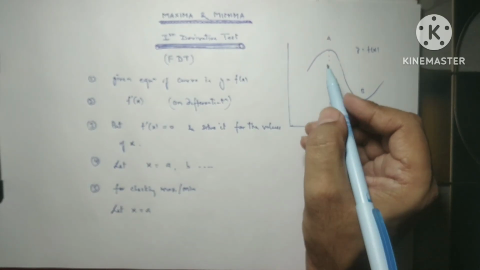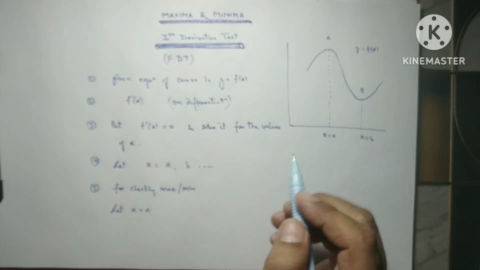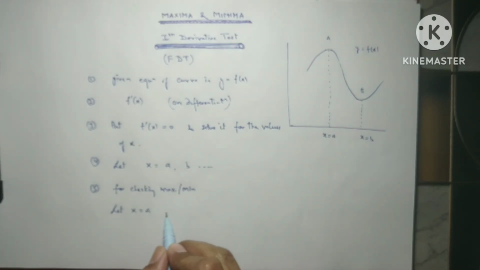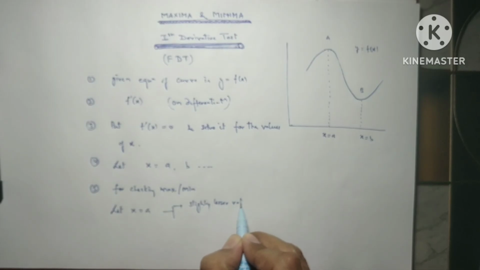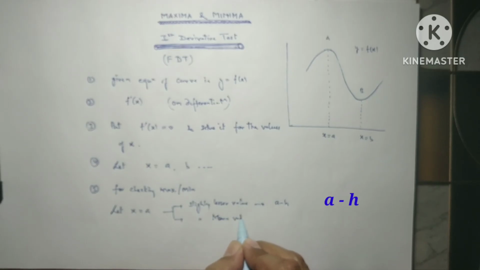We will consider two points nearer to this point a, a slightly lesser value and a slightly higher value. The slightly lesser value will be a minus h, and the slightly higher value will be a plus h.